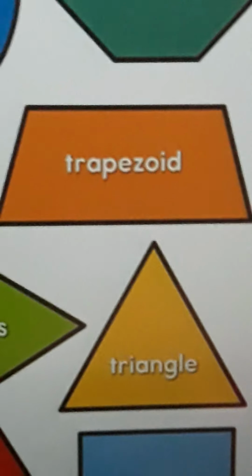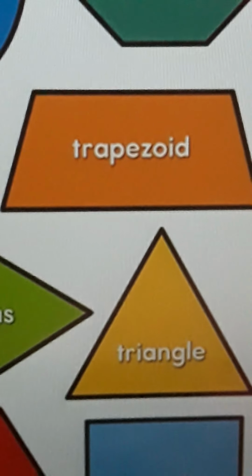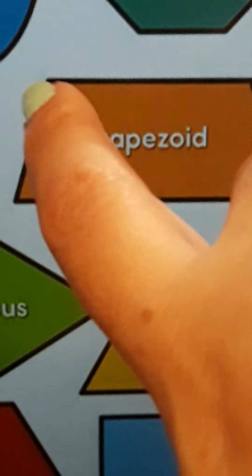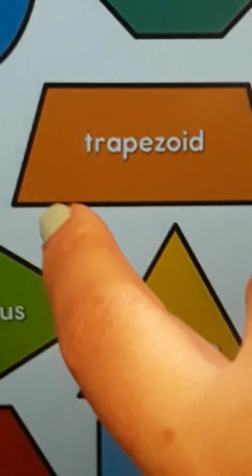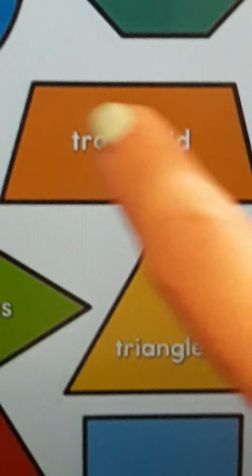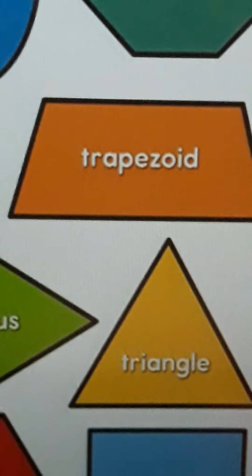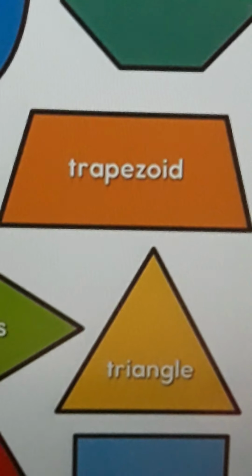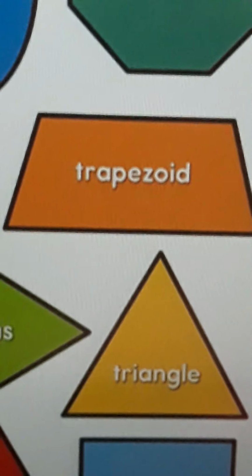Yeah. What about a trapezoid? What shapes can you see in our trapezoid? If I go from this corner and I go straight down, that could be a triangle. And I go from this corner straight down, that could be a triangle. And the middle of it would be a rectangle. Do you see it?